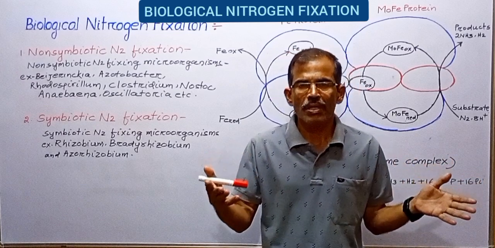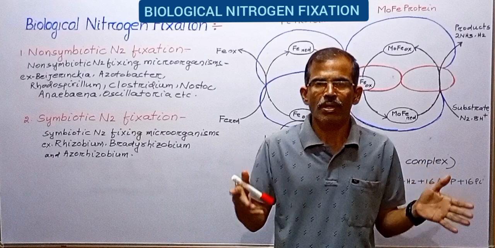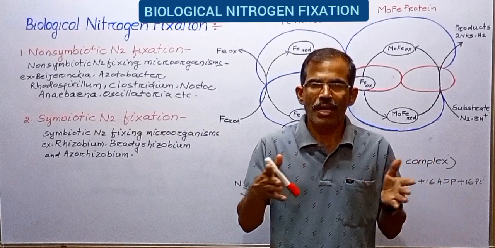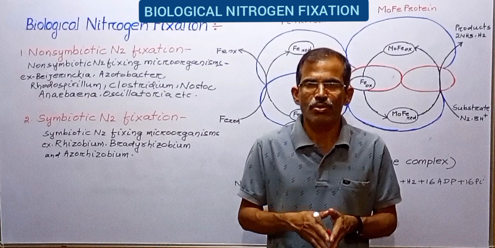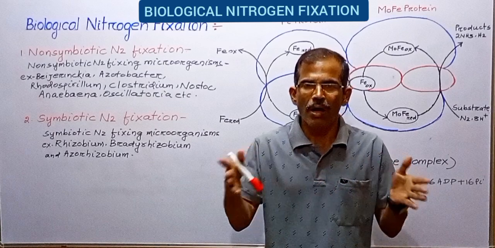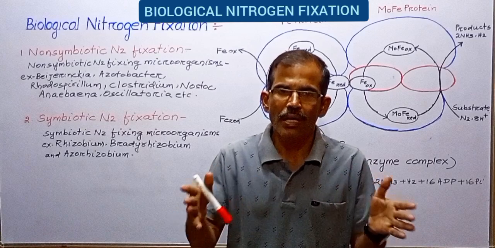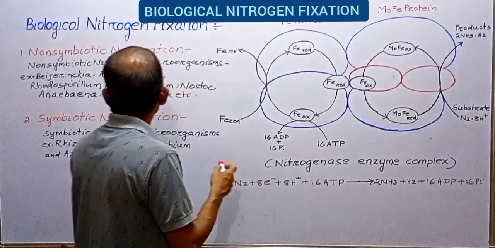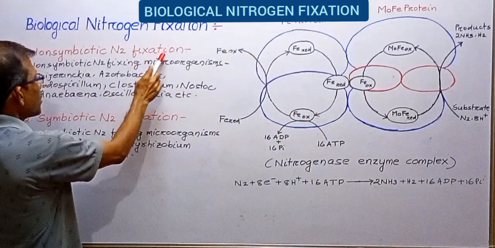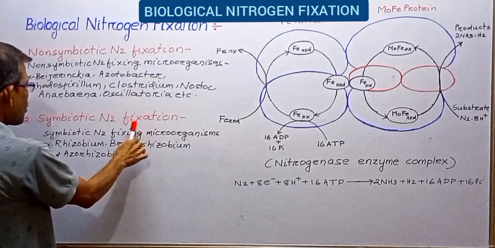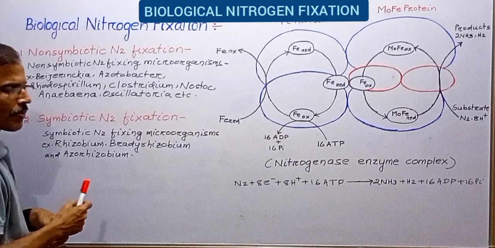Atmospheric nitrogen can be converted into ammonia by free-living microorganisms as well as by microorganisms which live as symbionts. So there are two types of biological nitrogen fixation. One is non-symbiotic nitrogen fixation and the other one is symbiotic nitrogen fixation.